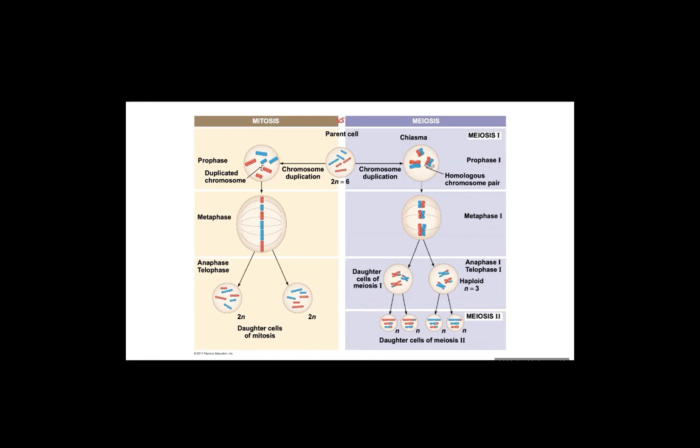This duplication occurs before cell division begins. Before M phase, there is interphase. Do you remember? During S phase, chromosomes duplicate. So from S phase, they have already formed sister chromatids.